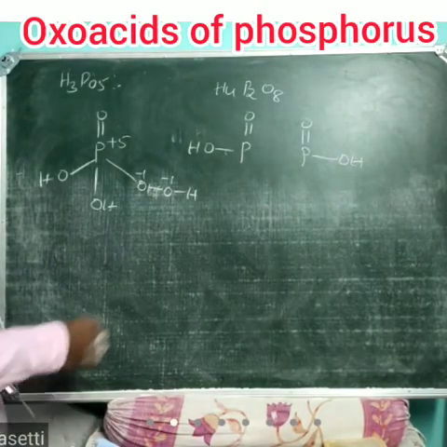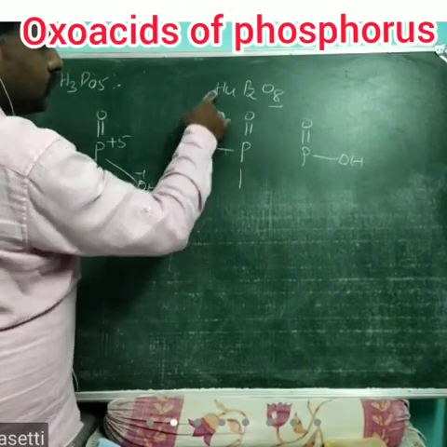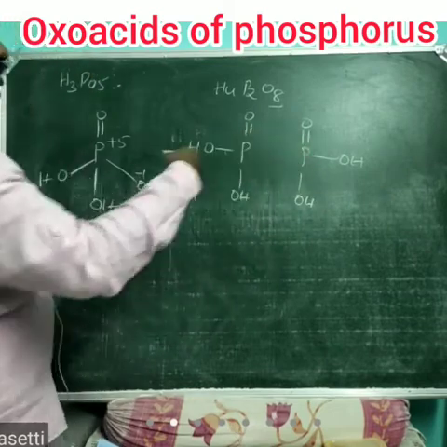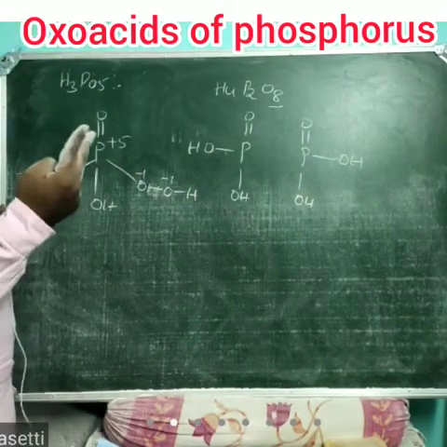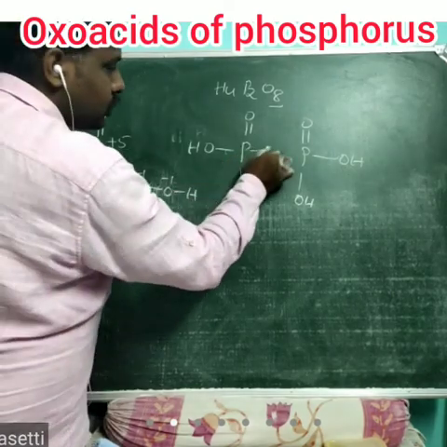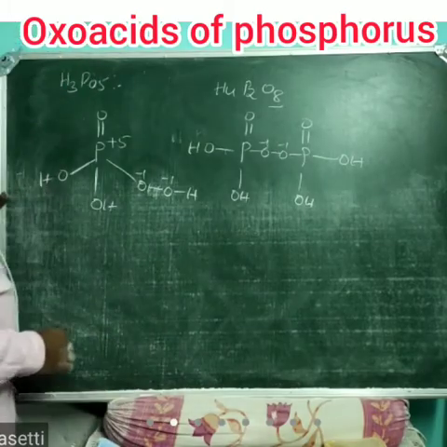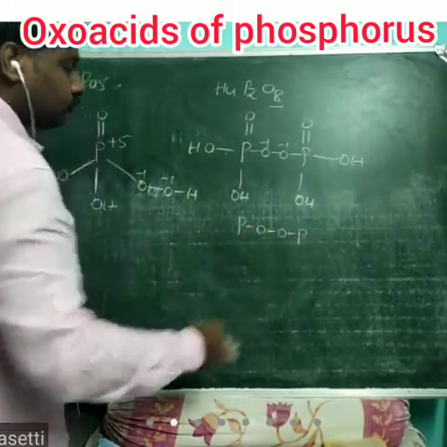Now 8 oxygens are there. Here 4 hydrogens, so add 1 more OH, 1 more OH. Hydrogens are balanced here. Still 2 oxygens are left. Those oxygens are present in between like this because a peroxy bond is there.